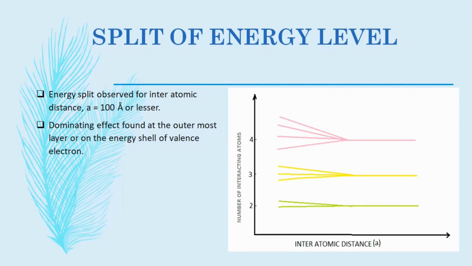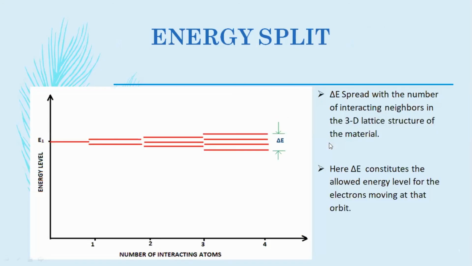Still, the energy value given by Schrödinger's equation will be the mean of those energy values. So if you consider this graph, this is the number of interacting atoms and the energy level, say a particular energy level E, this is the energy band.